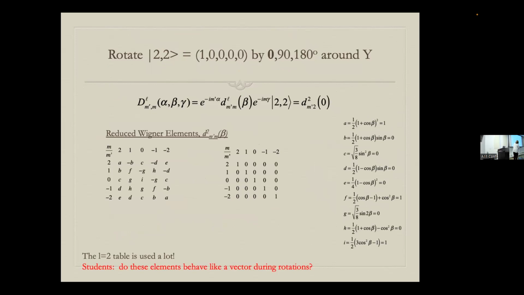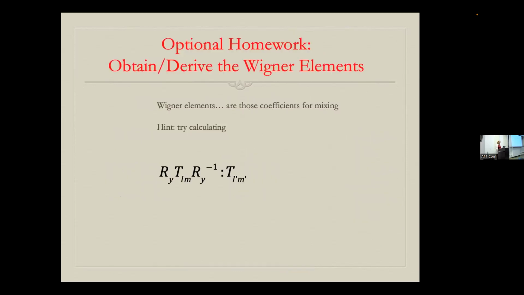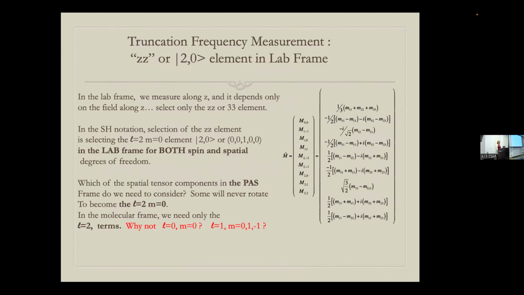That Legendre polynomial shows up in NMR so much because it is the projection factor of the truncated Hamiltonian on the observable in the laboratory. Truncated CSA, observable, we're just projecting those two elements, and it's here in this table down here. So that's a really famous result. But we need to pick up a few more elements if maybe there is some asymmetry, like eta is not equal to 0.